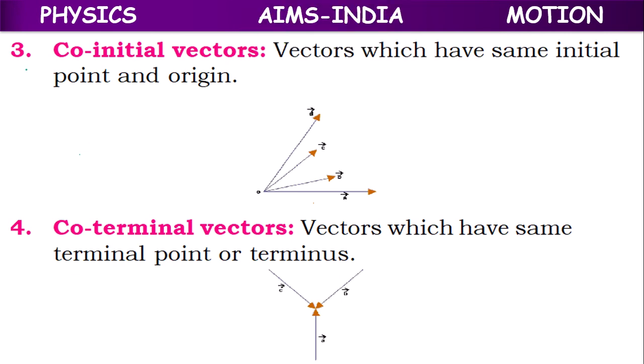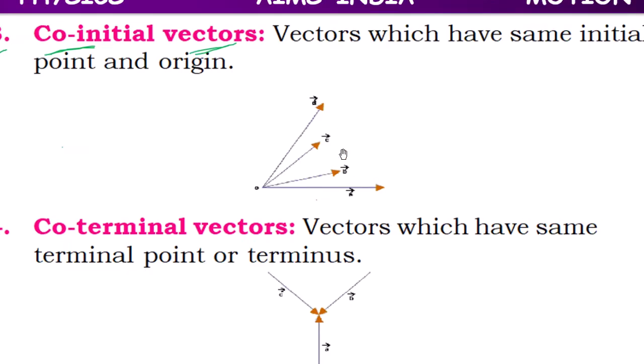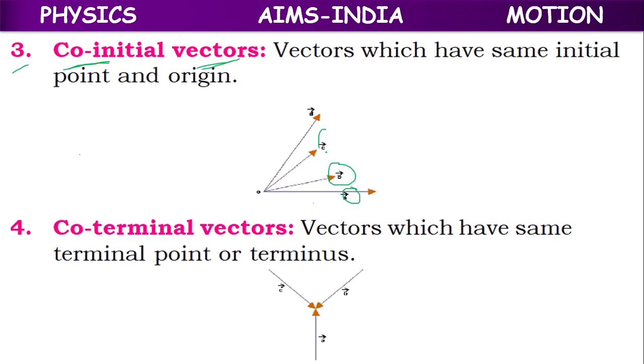Next one, third type, we have co-initial vectors. Suppose here we have so many vectors, A vector, B vector, C vector, D vector. All vectors are pointing in different directions. But what is the similarity between them? They all have the same initial point.